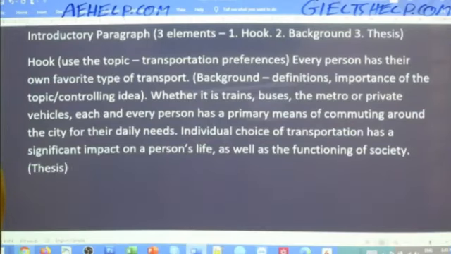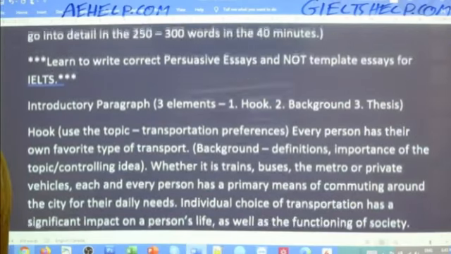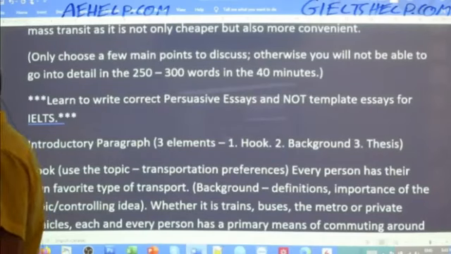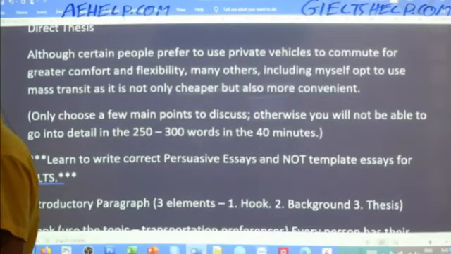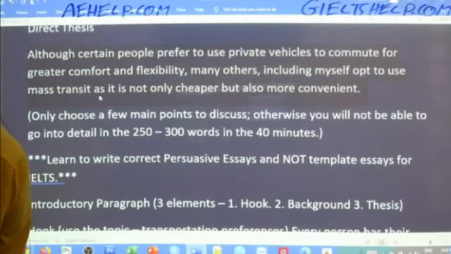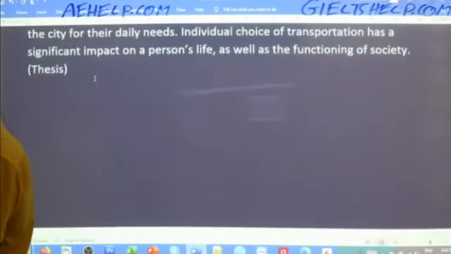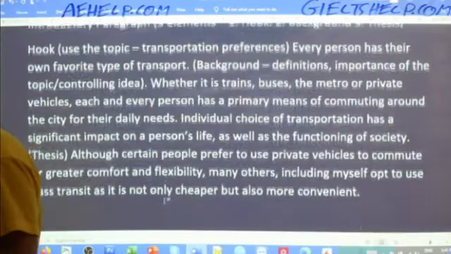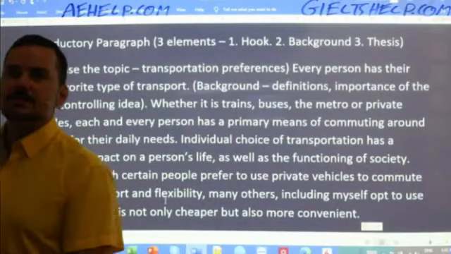Okay, so the thesis, I'm just going to grab the thesis that I've already written and stick it in, and it makes sense. Now, it seems like it took me a long time to get to this introduction and this clear point. But again, with practice, this happens very quickly.